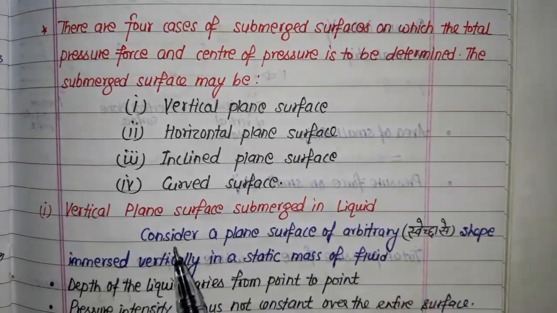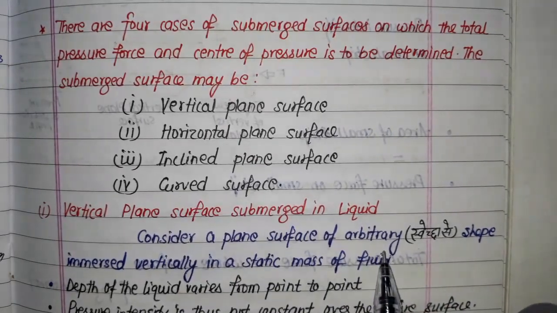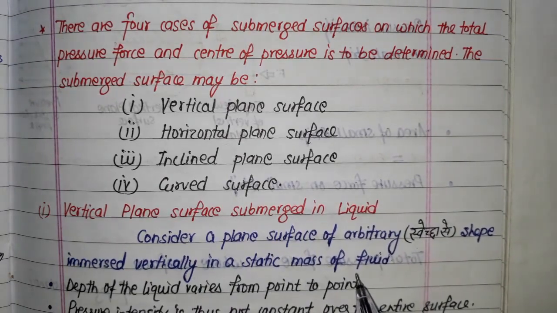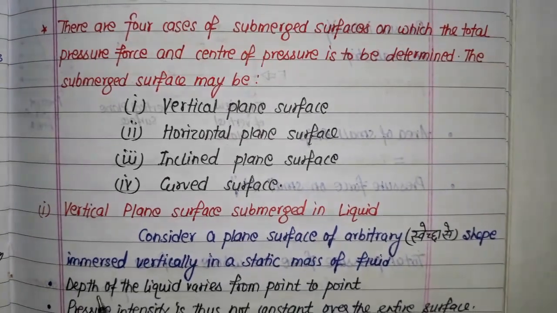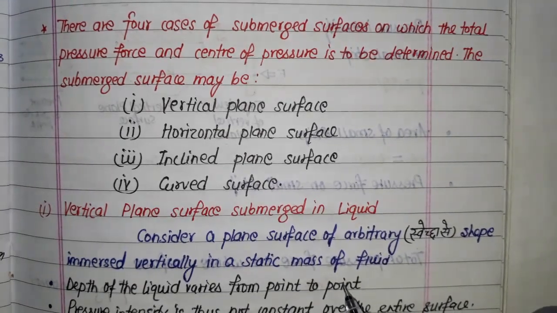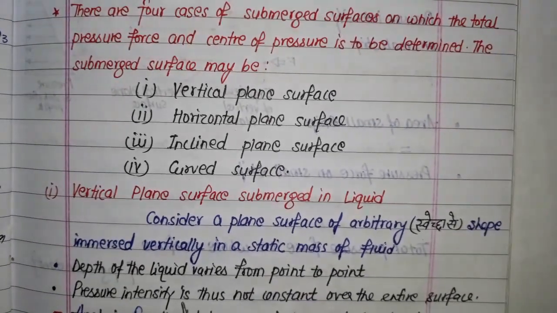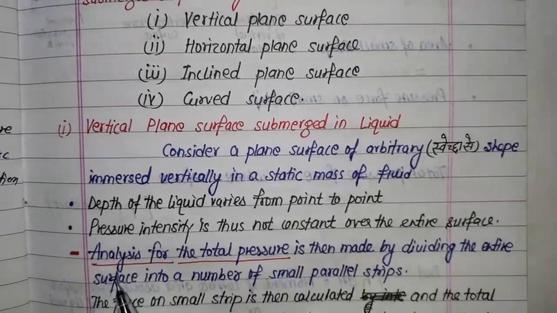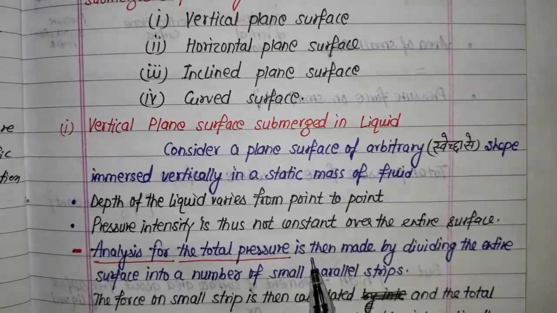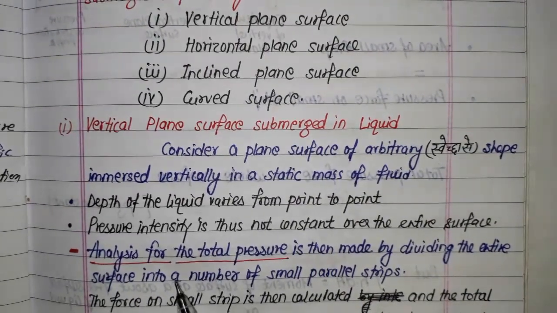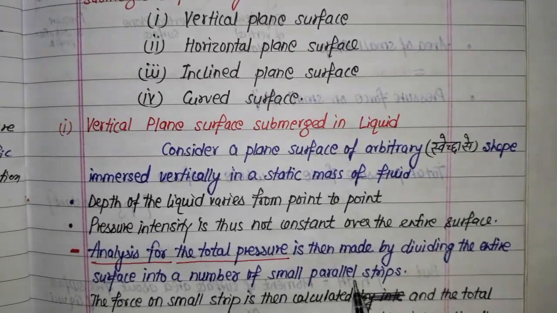So for it, consider a plane surface of arbitrary shape immersed vertically in a static mass of fluid. Here the depth of liquid varies from point to point, and pressure intensity is thus not constant over the entire surface. So the analysis for the total pressure is made by dividing the entire surface into a number of small parallel strips.